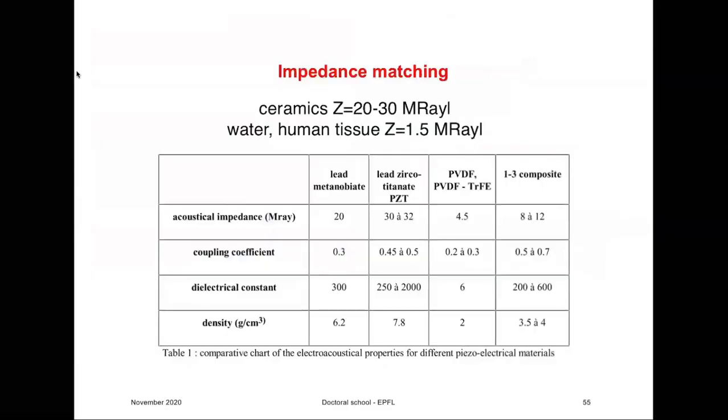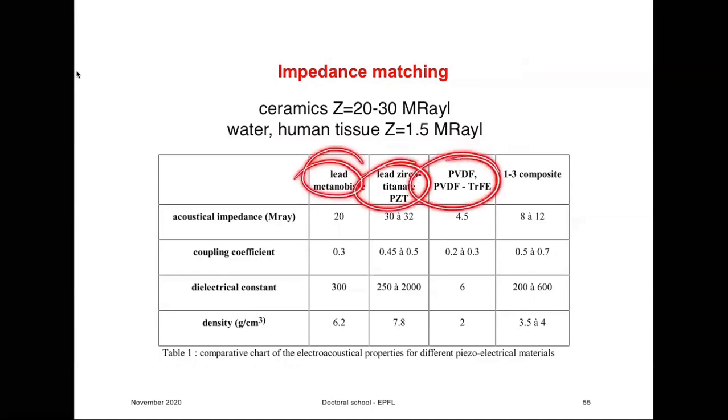So to give you some examples, the units of acoustic impedance are given in what are called megarayls, and for piezoelectric ceramics you have between 20 and 30, even higher than 30. For water, for human tissue, the acoustic impedance is about 1.5 megarayls.